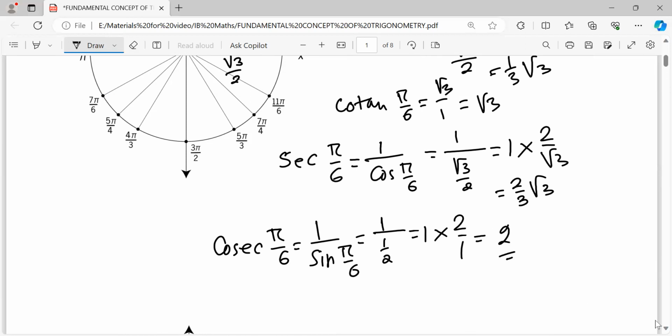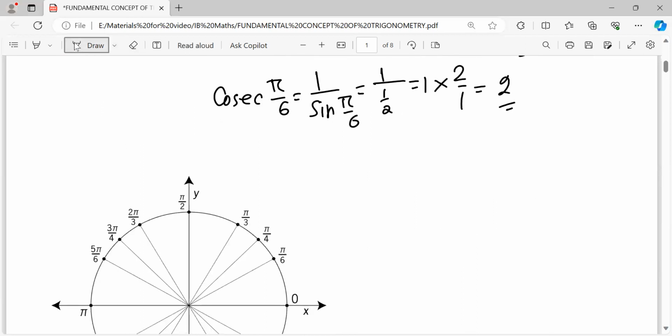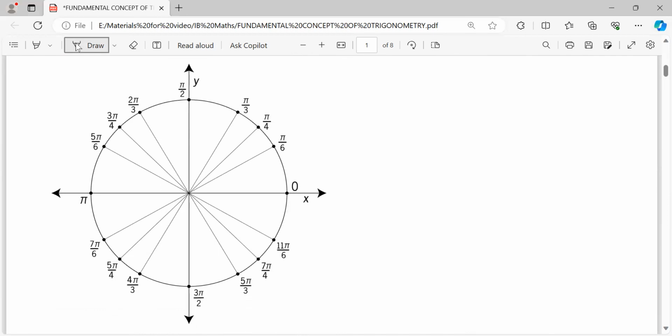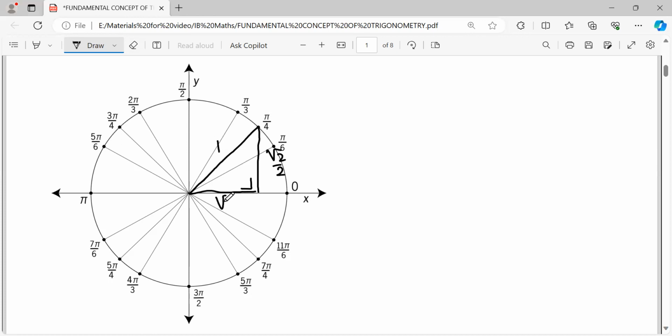Okay. Next, let's move to the next angle, pi over 4. For pi over 4, I'm going to create a triangle. Okay. The gradient is 1, and the y-axis is square root 2 over 2, the x-axis is square root 2 over 2 as well. This is the angle.